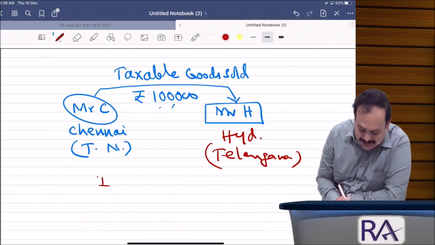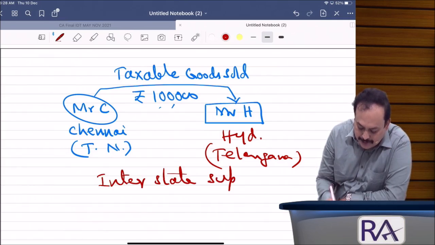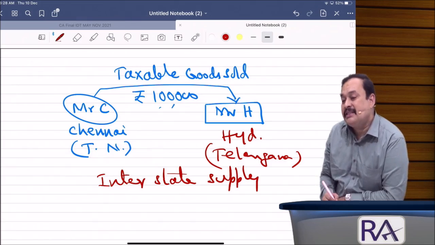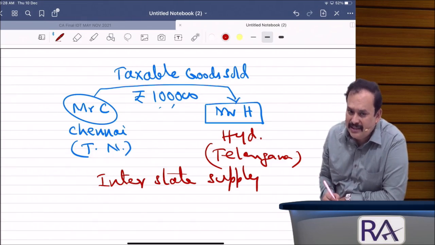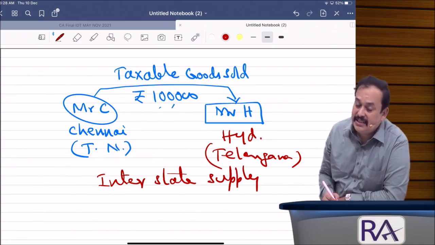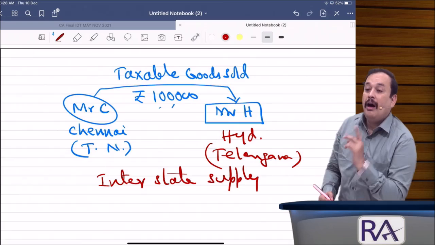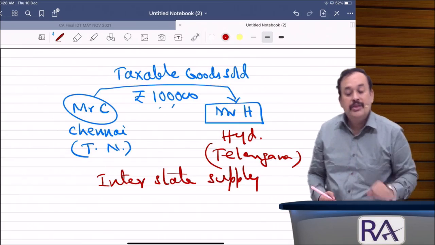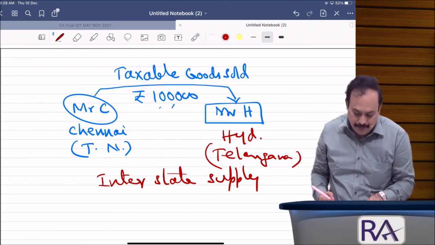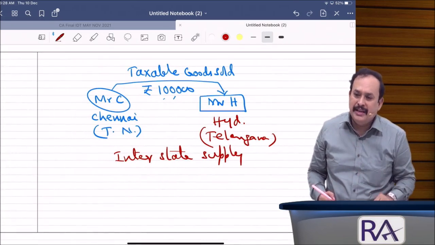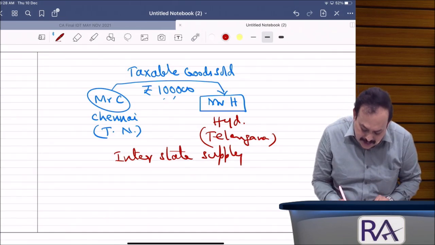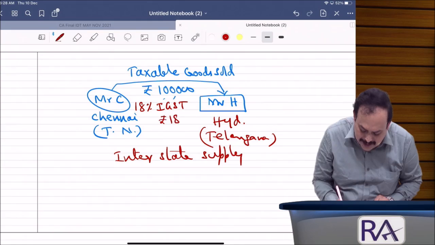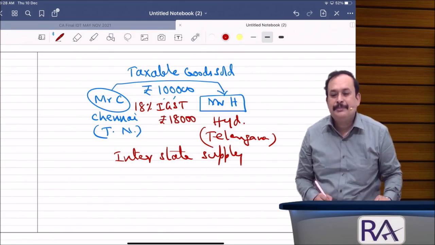Interstate, yes. If it is interstate supply, will IGST, integrated goods and service tax, attract, or CGST and SGST? All interstate transactions will attract IGST. If IGST is levied at, let us say, 18%, the IGST comes to rupees 18,000. Is it clear, my dear sir?